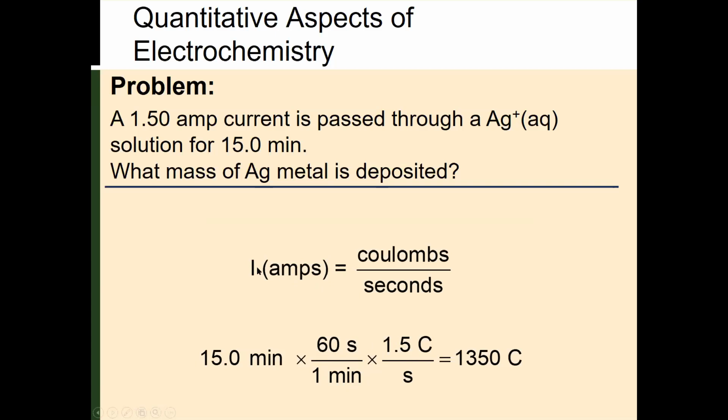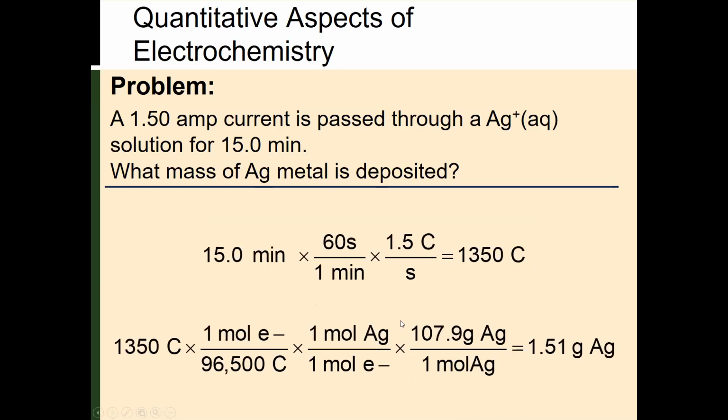Because that's the amperage that we have here, coulombs per second. This would give me the total coulombs. I could then continue on. I tried to put all this in one step, but it didn't come out. So I broke it into two steps, but I would normally just write this all together. So 15 minutes times 60 seconds per 1 minute times 1.5 coulombs per second.